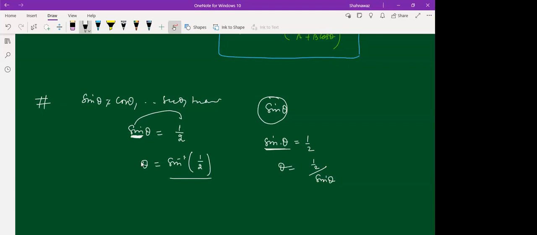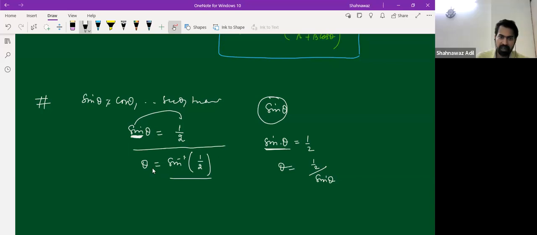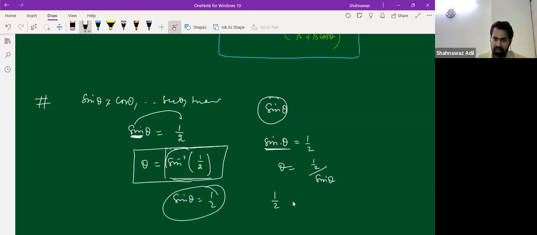So what is the meaning of sine inverse half? It means: at what value of theta does sine theta give the value half? That is the meaning of this inverse.